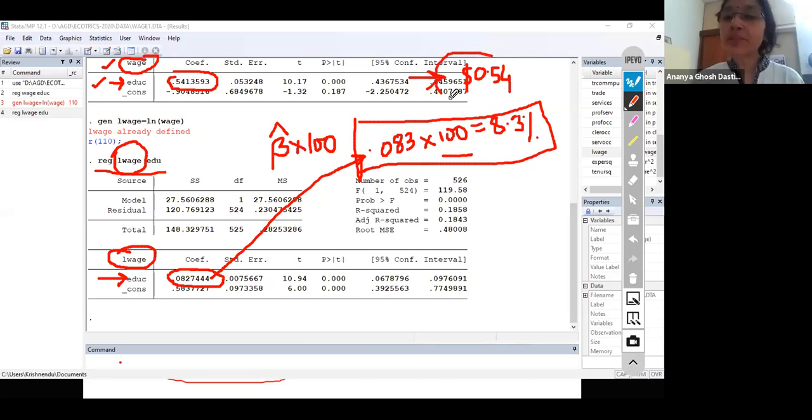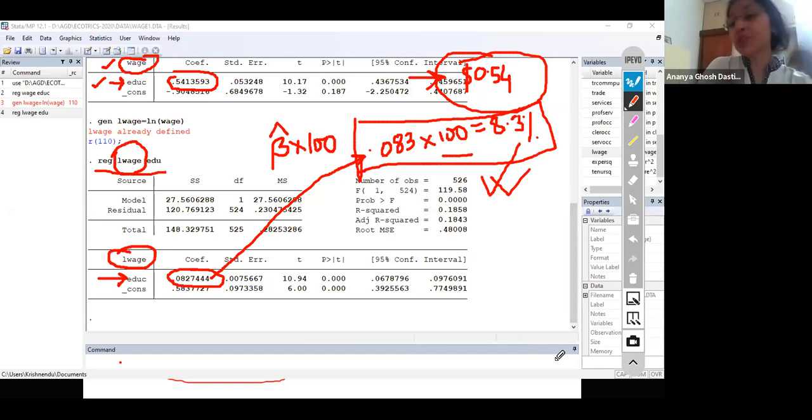Whereas what about the level model? This was telling you that every time you increase education by 1 year, your wage will increase by 50 cents. So I hope you see that we always tend to prefer a model where the dependent variable is in log terms, because I think it is more realistic to say that your wage will increase by 8.3%. Percent takes into account the base.